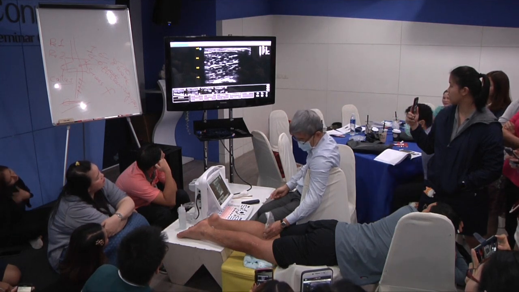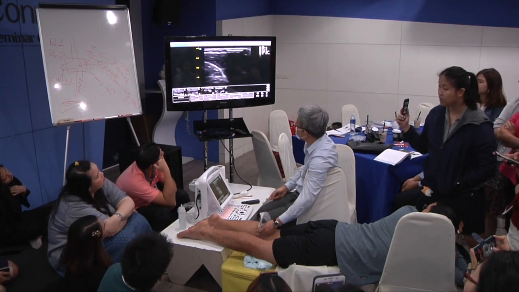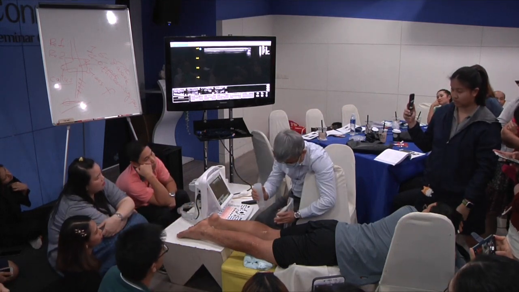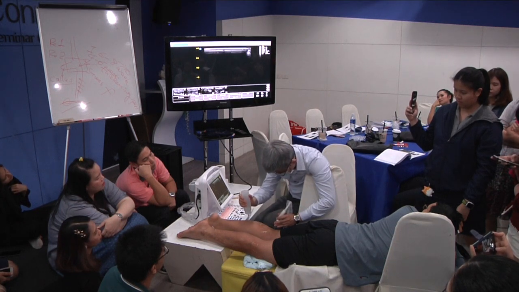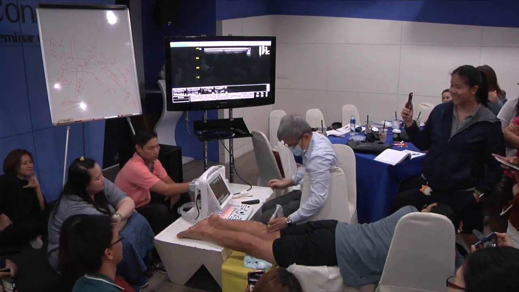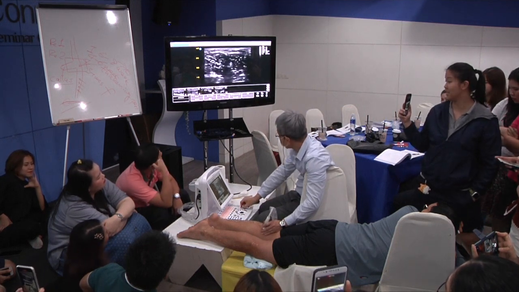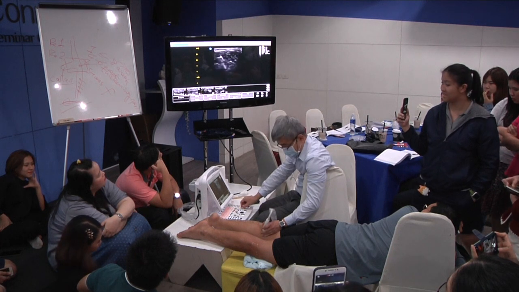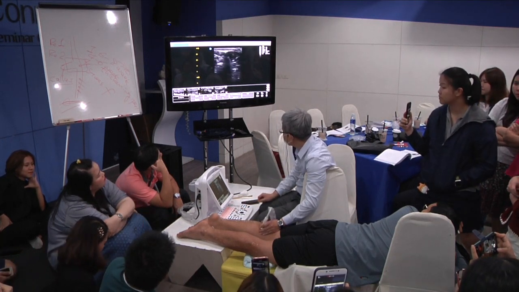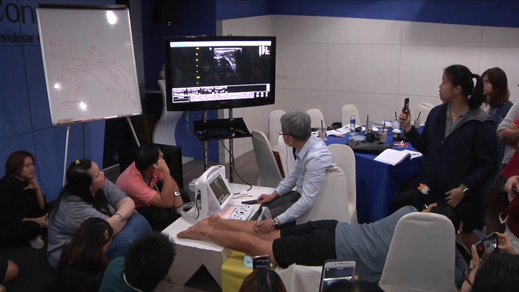Medial gastrocnemius. Move down. Soleus. Soleus underneath.